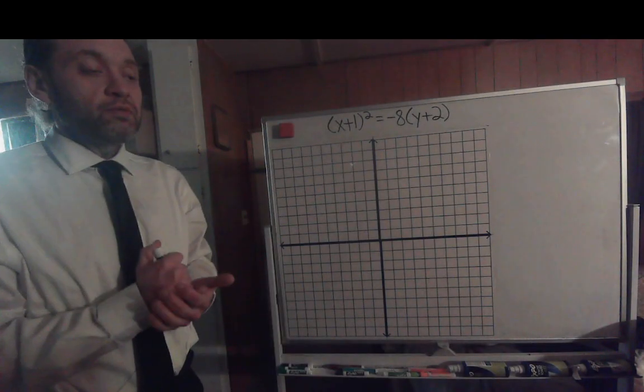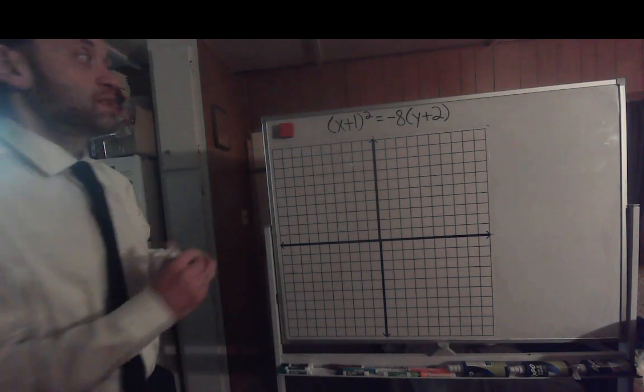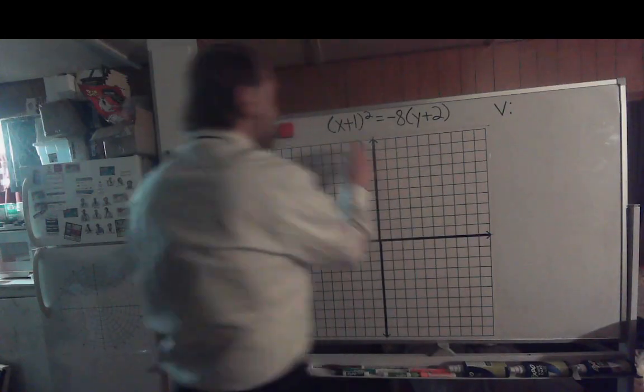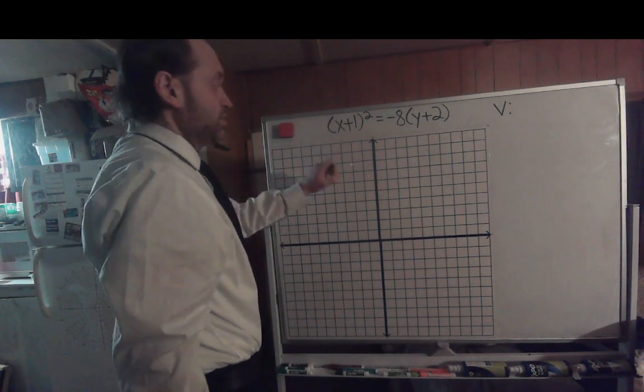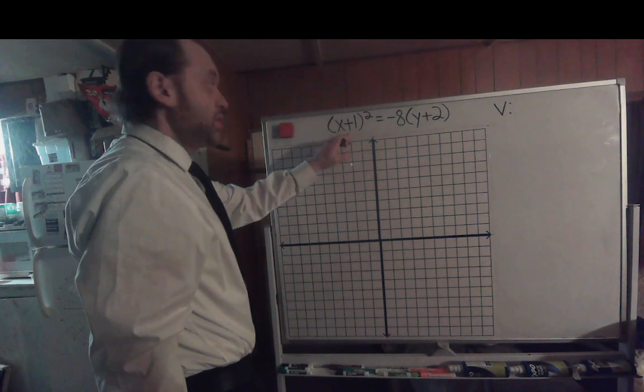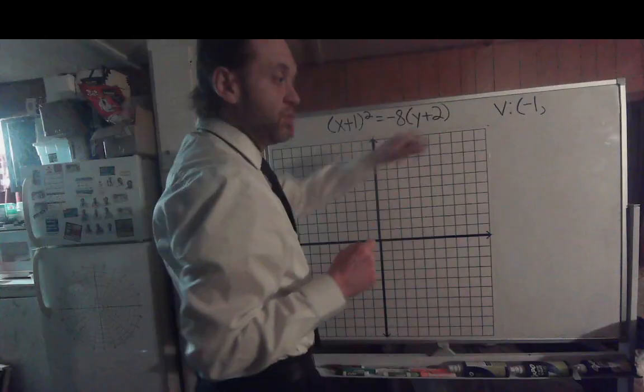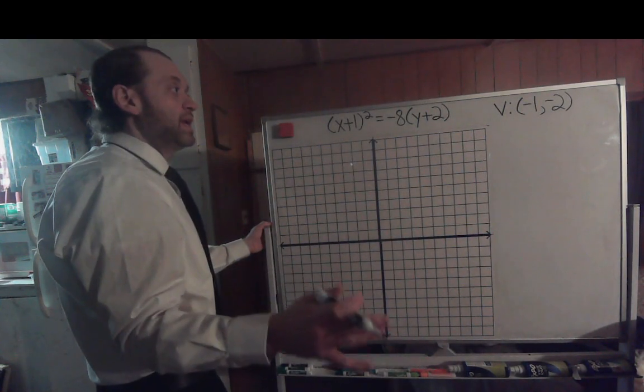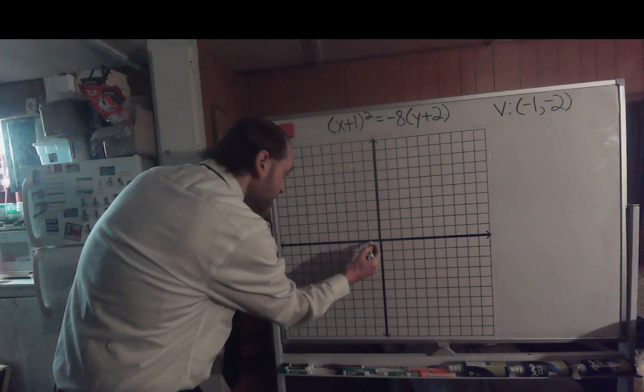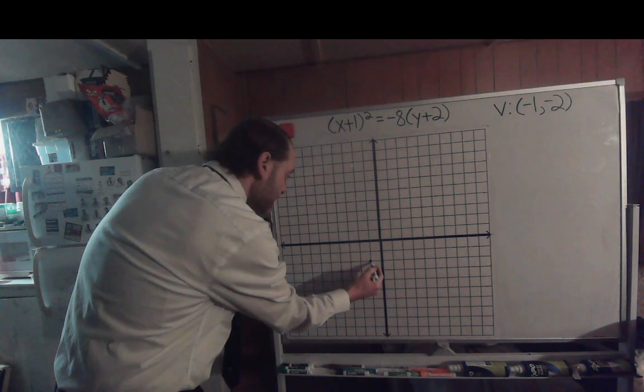Well, first thing, let's find the vertex. Let's always start there. To find the vertex, you'll set each of these equal to 0. So set the x plus 1 equal to 0, you get x equals negative 1. So the x coordinate is going to be negative 1. For your y coordinate, set y plus 2 equal to 0, you get y equals negative 2. So the vertex of this parabola is located at (negative 1, negative 2), which would be right down here. So there's the vertex of your parabola.